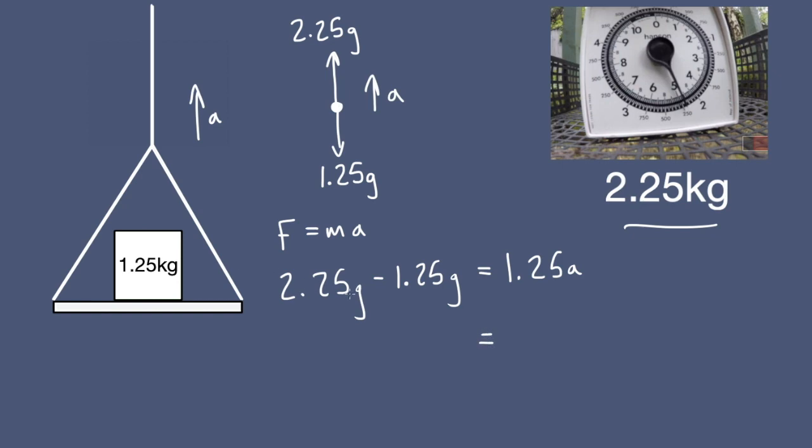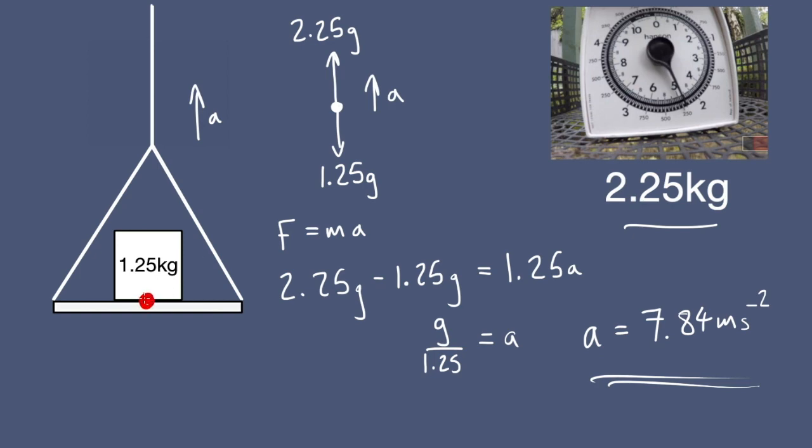Okay, so in this case, we end up with just g on this side divided by 1.25, and that gives me an acceleration of 7.84 meters per second squared. So we just focus here at this point and we see what forces are doing what. This 2.25 g force is making it go up, and the weight of it is 1.25 g down.